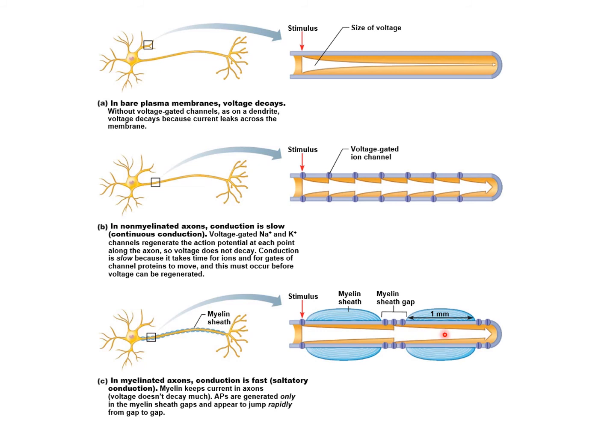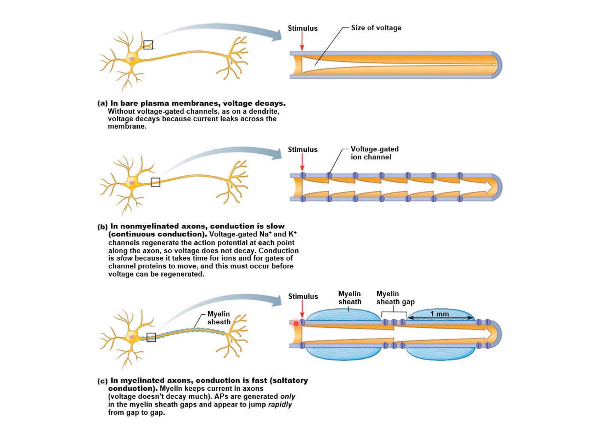And going through the next area where a Schwann cell wraps around the axon, the exact same thing happens. The point here is that we don't have to open as many channels because we're preserving, or insulating, the charge with the myelin sheath. So these sodium channels only have to be open at the gaps, at those nodes.